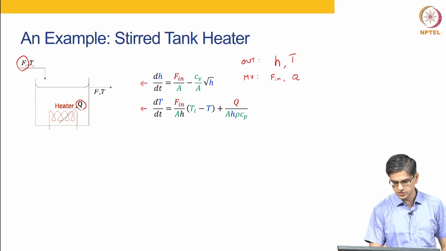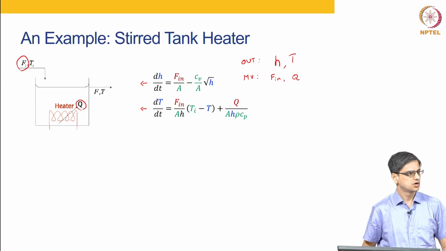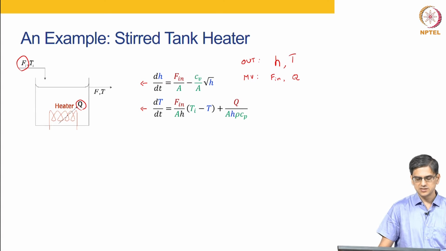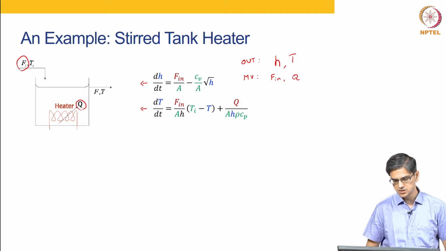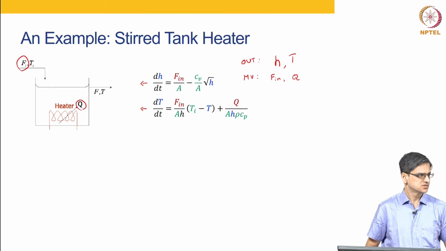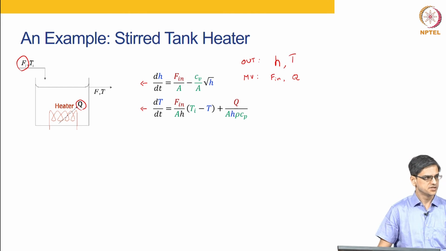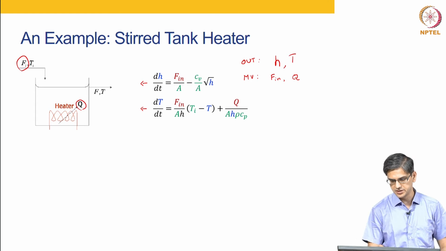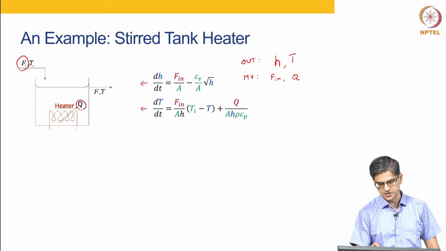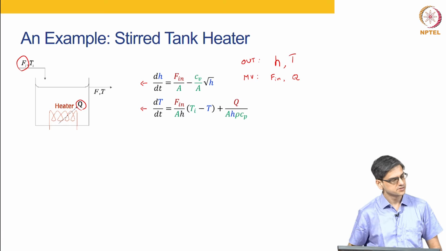Let us look at the overall energy balance. The energy balance would be: rate of change of enthalpy is enthalpy in minus enthalpy out plus enthalpy that comes into the system. Rate of change of enthalpy is nothing but V rho Cp dT/dt, and when we take V rho Cp to the denominator, you get equations of this type.